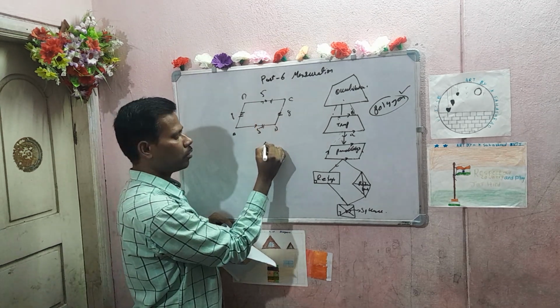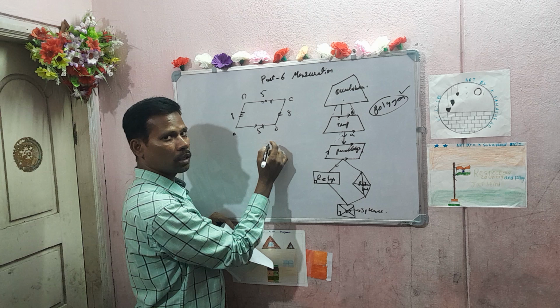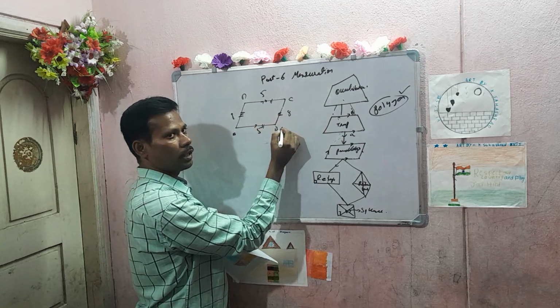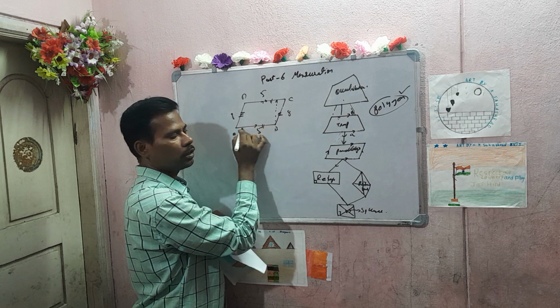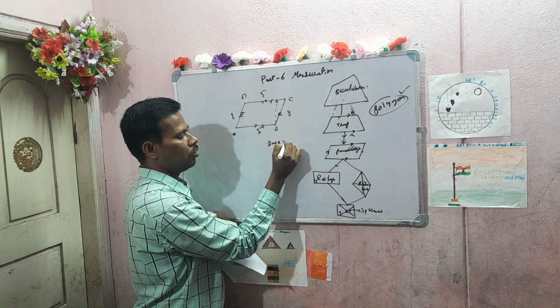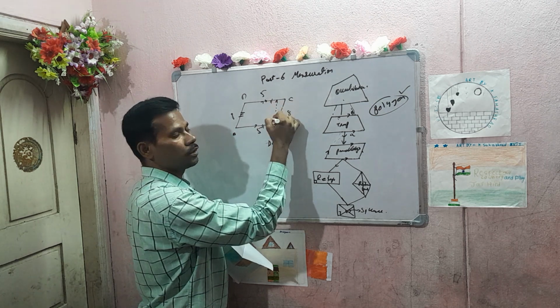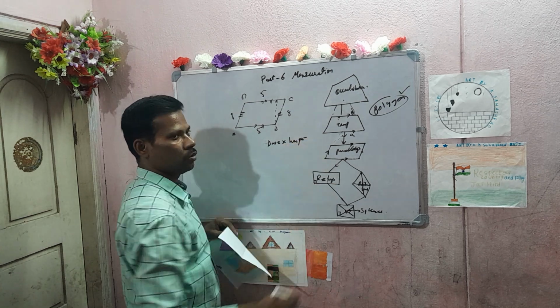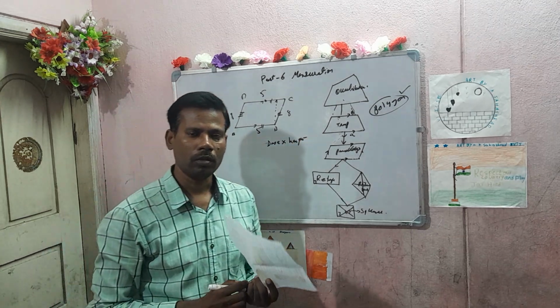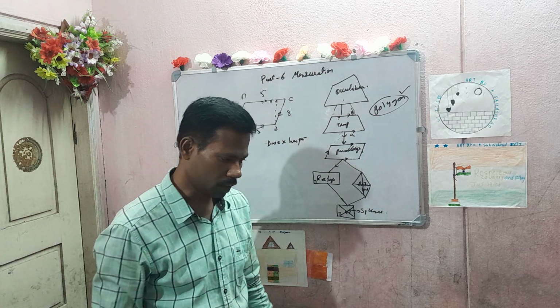What is the area of a parallelogram? Base into height. Base means this one, base into the distance between the two parallel sides. So area of parallelogram is base into height.